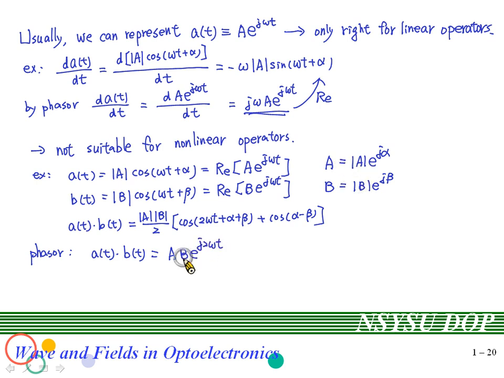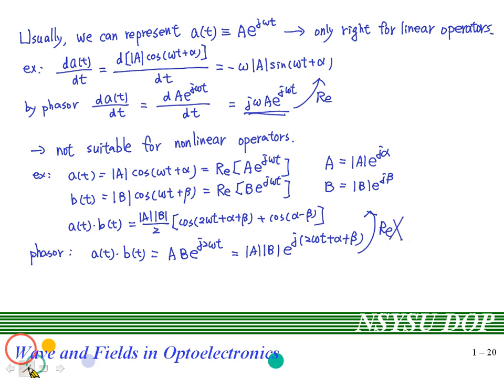Taking AB into here, the result becomes absolute value of A times absolute value of B, times exponential j of 2 omega t plus alpha plus beta. And clearly, if you take the real part, these two results are not the same.